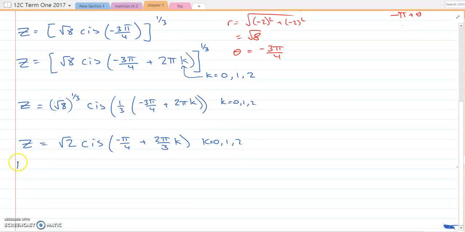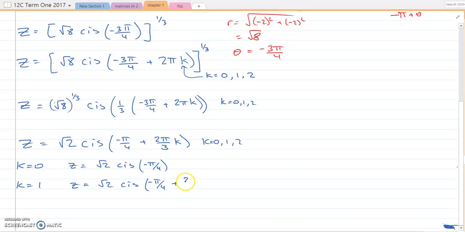Okay, so now let's do my solution. When k is 0, z equals the square root of 2 cis minus pi over 4. That was my first solution; I'm going to have 3 solutions. When k equals 1, z is the square root of 2 cis of minus pi over 4 plus 2 pi over 3.